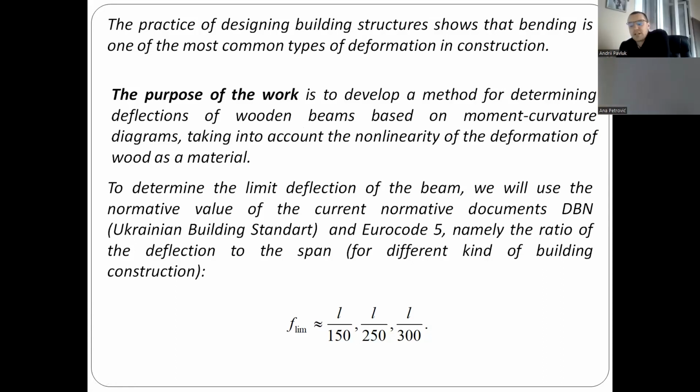To determine the limit deflection of the beam, we will use the normative value of the current normative document DBN, which is the Ukrainian building standard, and Eurocode 5, namely the ratio of the deflection to the span for different kinds of building construction. You can see these limit deflections on this slide.